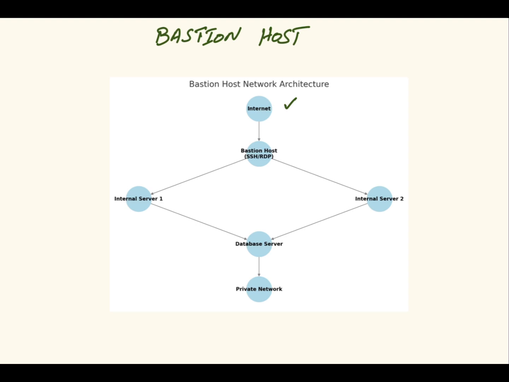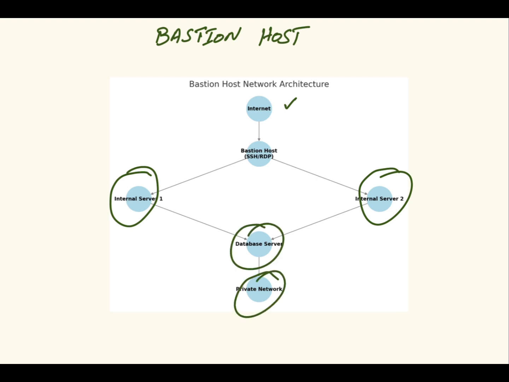The external user could access some hosts inside, for instance internal server 1 and internal server 2, some database servers, the private network. So in this case, what is the use of a Bastion host?